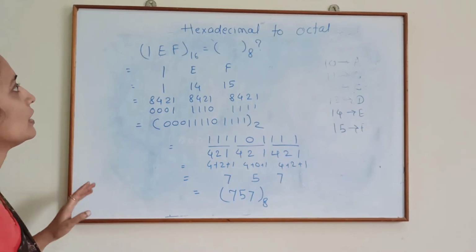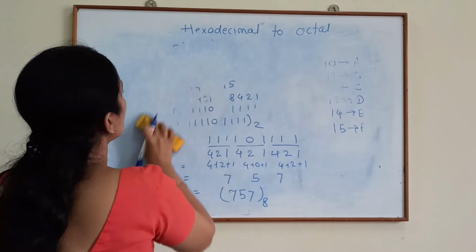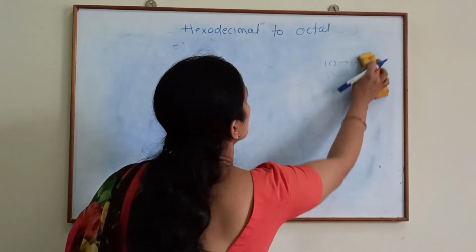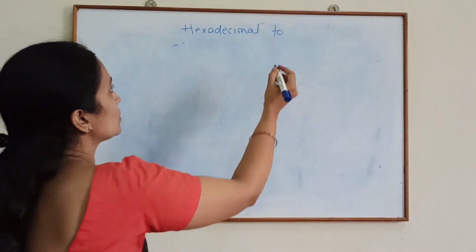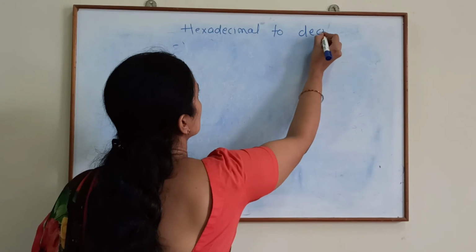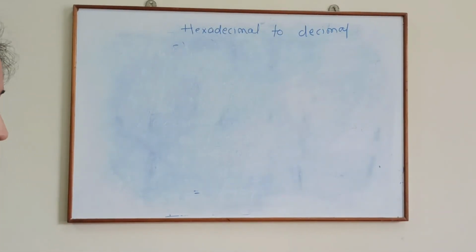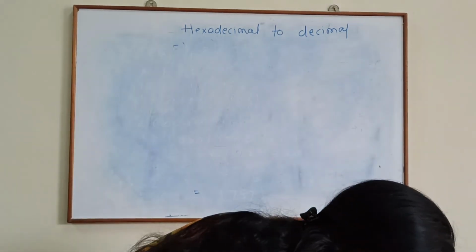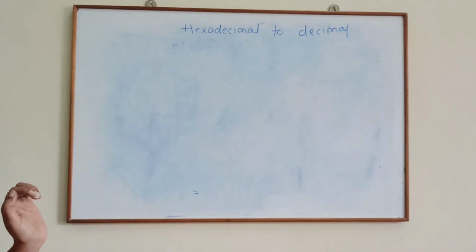This is the method. Now we will see how to convert a hexadecimal number into its decimal equivalent. Hexadecimal to decimal. To convert hexadecimal to its decimal equivalent, we have to take base of 16.